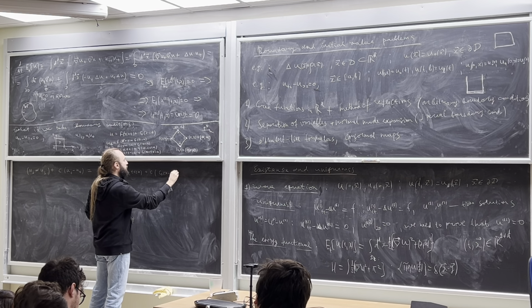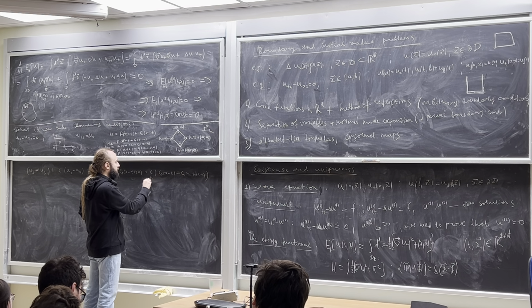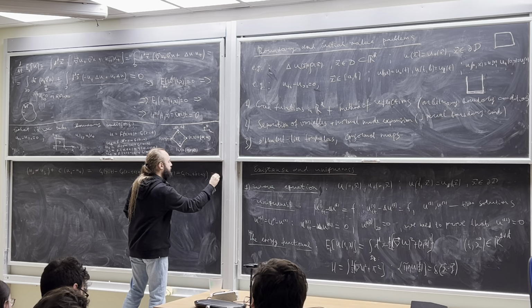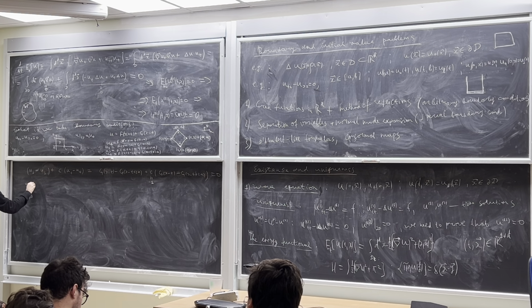So we see they are the same. So c equals minus 1, and this equals 0. So we know that u1 minus u2 minus u3 plus u4 equals 0. Right?